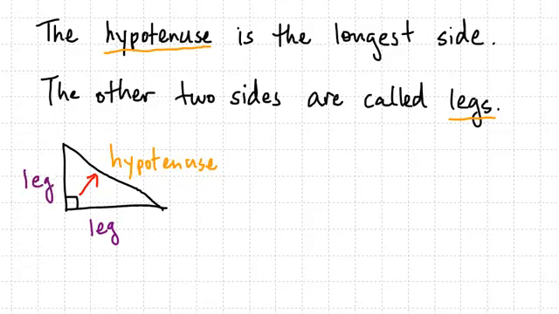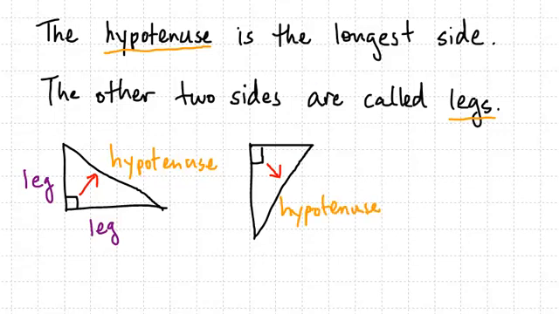Now, it's important to keep that in mind even when the right triangle is rotated into a different position. Okay? So if I drew the right triangle like this with a right angle over here, to find the hypotenuse, I'm still going to go across the triangle. So the hypotenuse is over here now, and the legs are here and here.